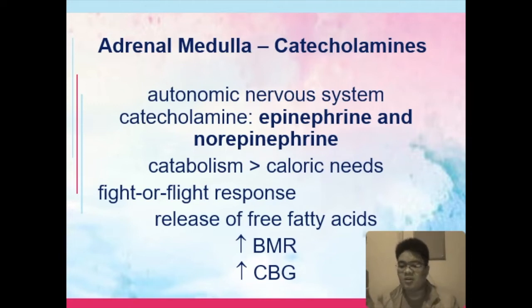They are the ones for your sympathetic nervous system, hence your fight or flight response. Their effects would be to ensure catabolism of your stored fuels, which would supply the caloric needs of the body. As I've mentioned, it is for fight or flight response. It would lead to the release of your free fatty acids. It would also increase the basal metabolic rate and the capillary blood sugar or the blood glucose levels for that matter.